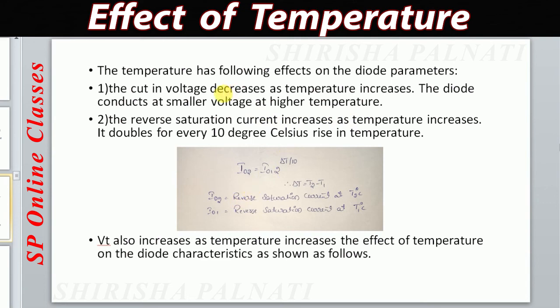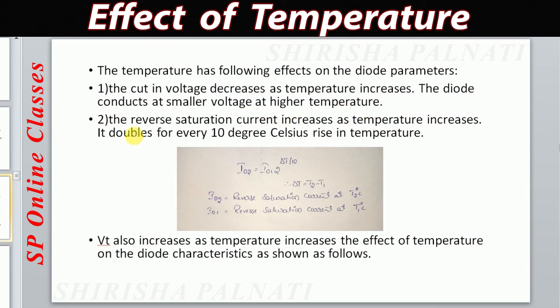So the cut-in voltage decreases as the temperature increases. For a silicon semiconductor diode the cut-in voltage is 0.3 volts, a small amount. If we decrease that small amount, the diode conducts at a smaller voltage at high temperature.